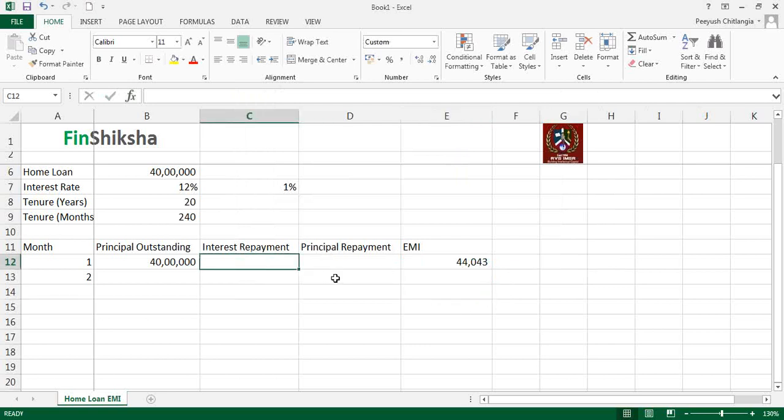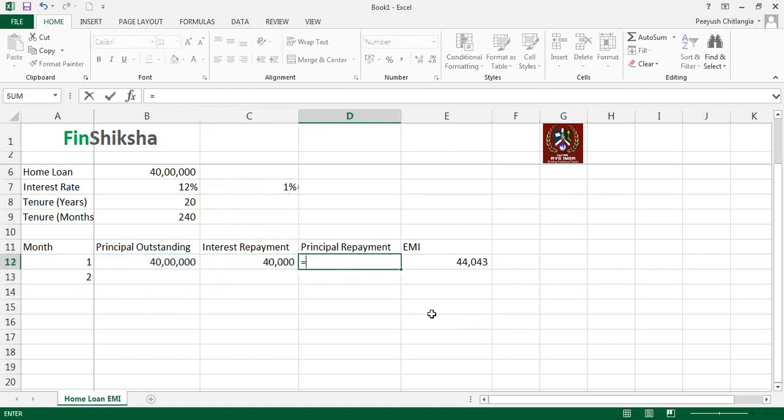Can I know what is the interest repayment? Interest repayment is 40,000 multiplied by 1%, and I will freeze this 1%. So that's the interest repayment, which means the difference of the EMI minus the interest repayment should be my principal repayment, correct? That gives me the principal repayment for the first month.